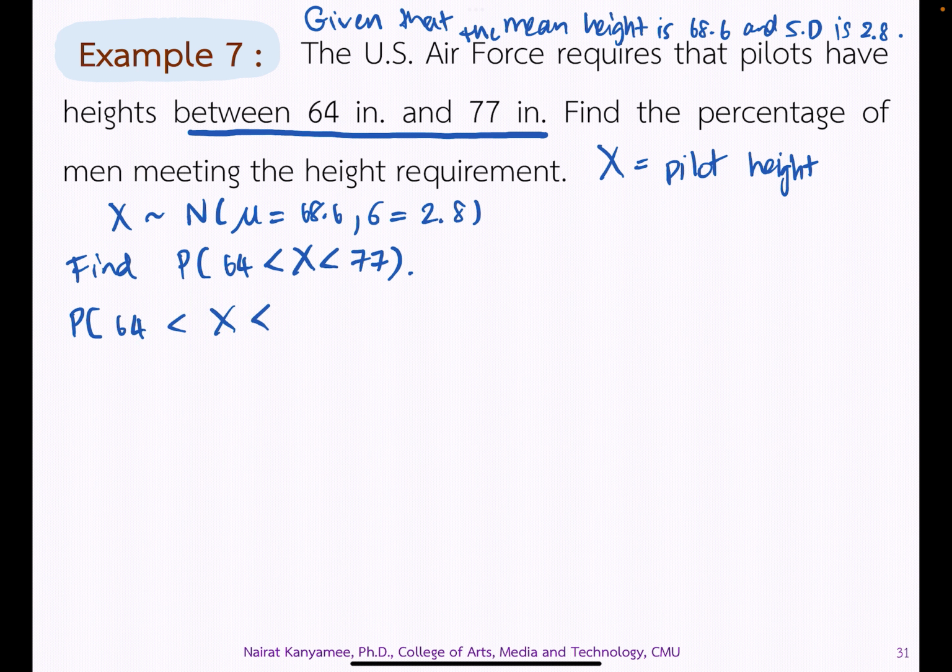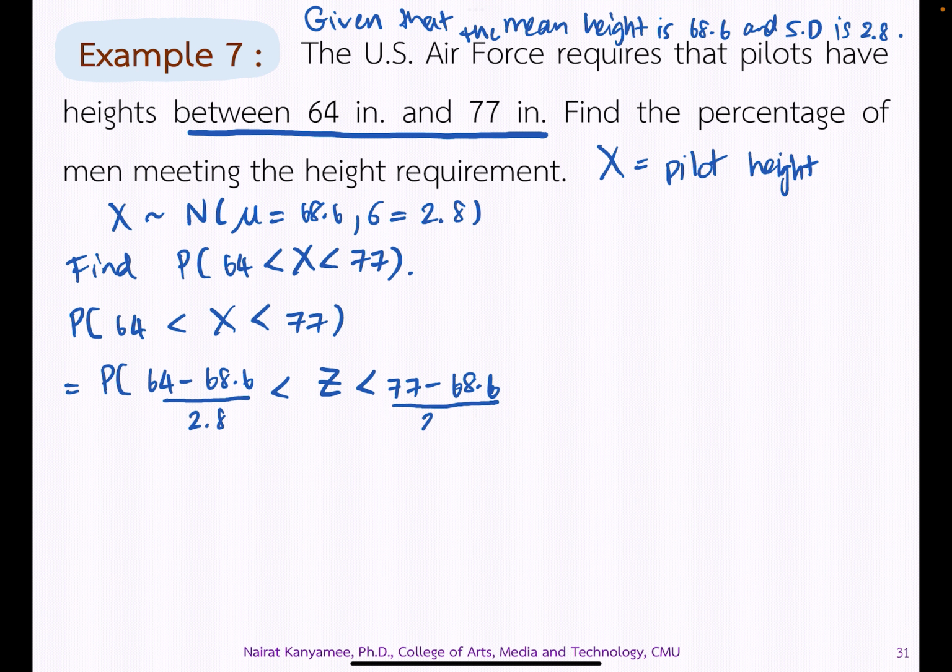P of x greater than 64 and less than 77 equals, subtract the mean 68.6 and divide by 2.8, changing the variable from x to z, less than 77 minus 68.6 over 2.8.